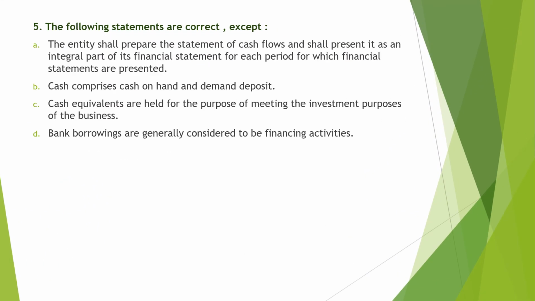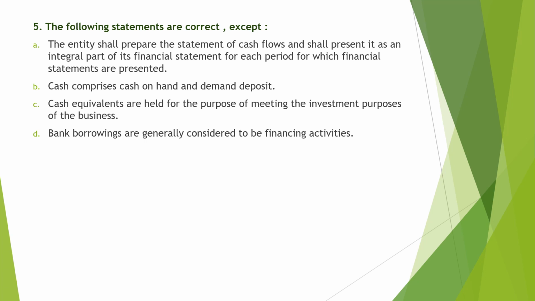Next, number 5. The following statements are correct except letter A. The entity shall prepare the statement of cash flows and shall present it as an integral part of its financial statements for each period for which financial statements are presented. Statement A is correct.